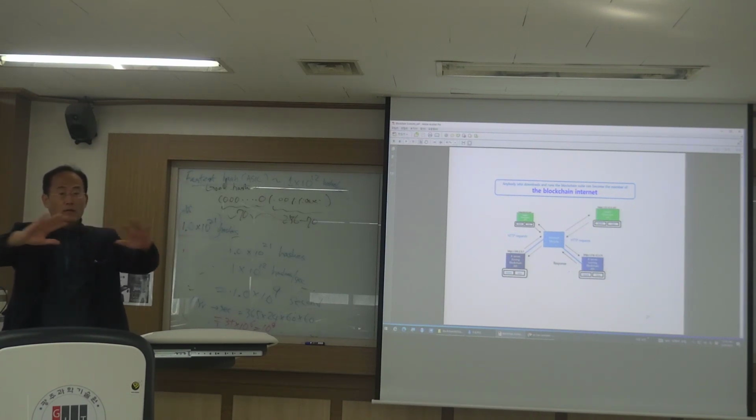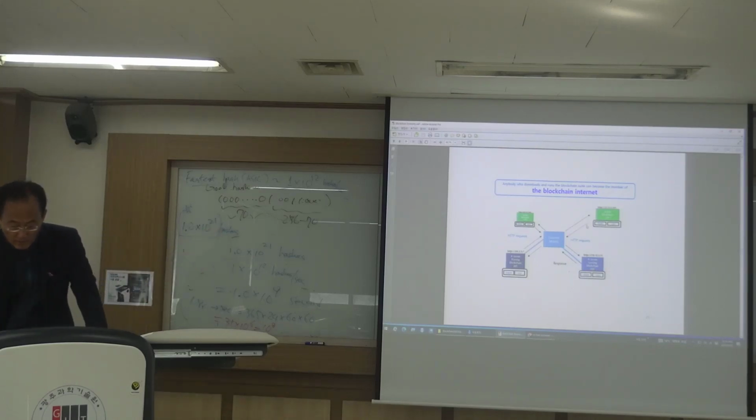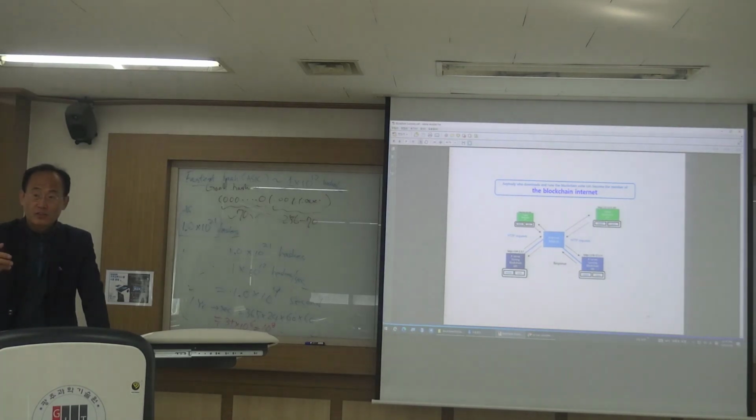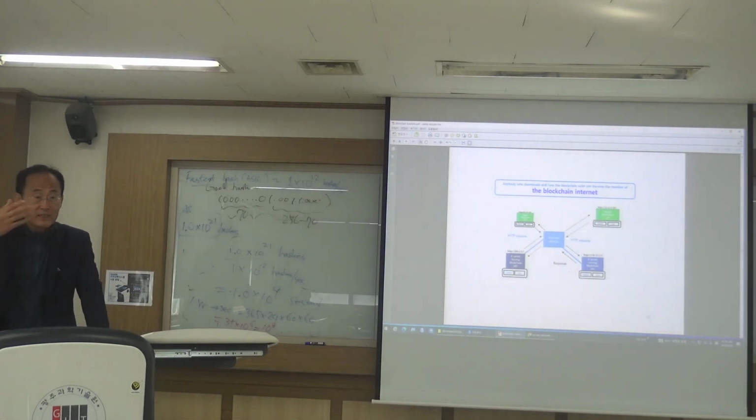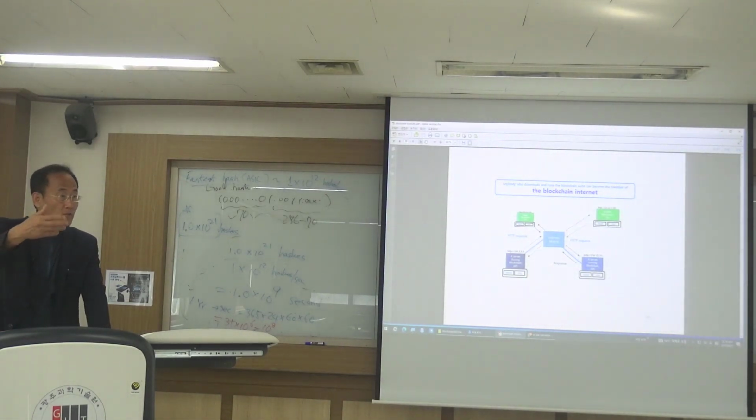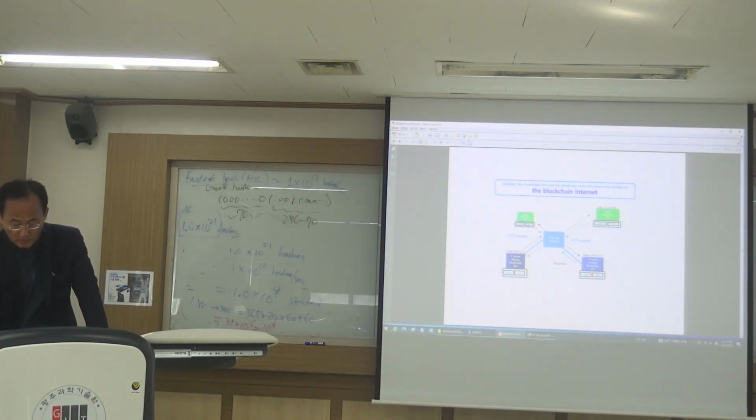They propagate these transactions throughout the whole network. And then these transactions are stored inside the computer memory, and then the CPU is used to do what? Hash algorithm or validation, private key, public key pair computations and so on.